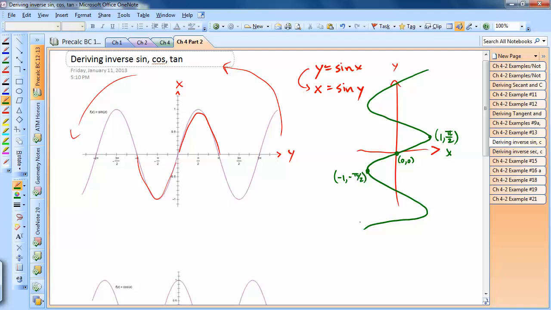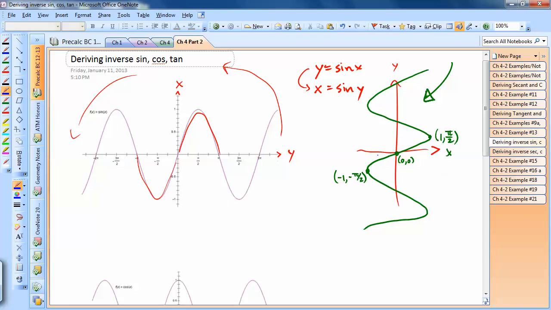Now the problem with trying to use this as sine inverse is that it's not a function, right? Because it fails the vertical line test. I'm talking about this graph over here. It fails the vertical line test, so this green graph is not a function. So people have defined this thing a specific way to force it to be a function, so you actually ignore a ton of the graph.